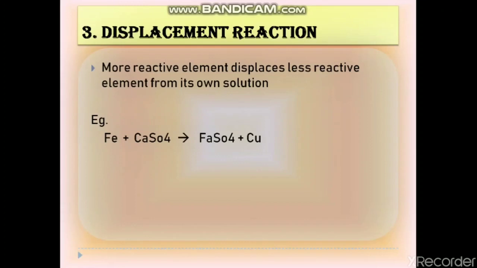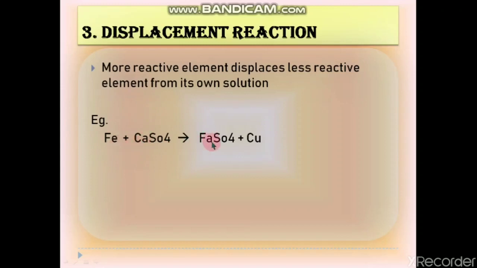What is a displacement reaction? A more reactive element displaces a less reactive element from its solution. I think you learned this in classes 7, 8 and 9 also. Here I gave an example: Fe, that is iron, a solid, plus copper sulfate, CuSO4.